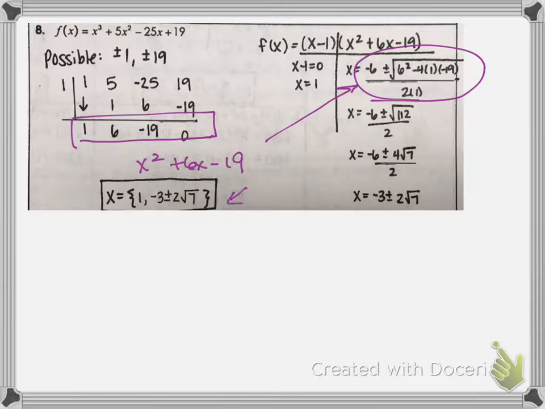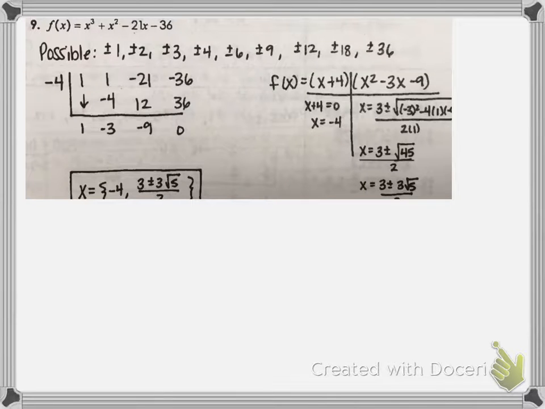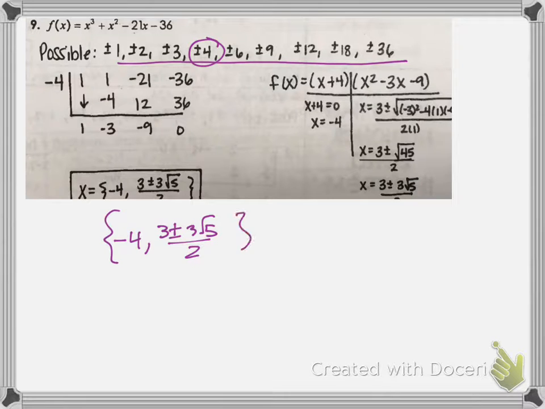So giving you those 2 zeros. And there were a lot of possibilities for this guy, and unfortunately it was all the way to negative 4 that worked. So the answer should be negative 4 and 3 plus or minus 3 square root of 5 all over 2. So that's what x equals there.